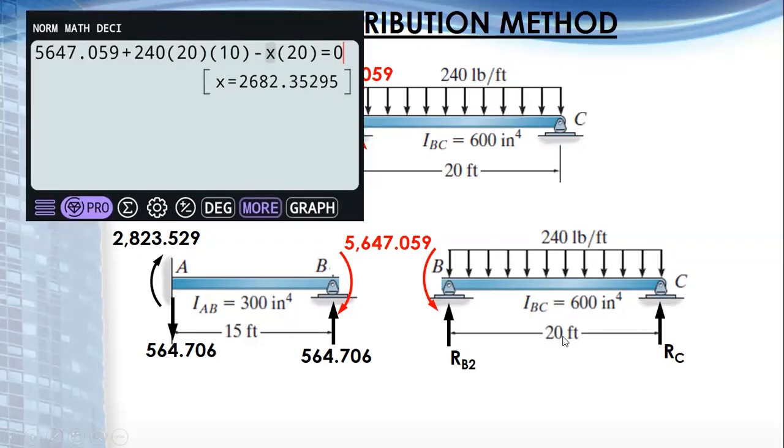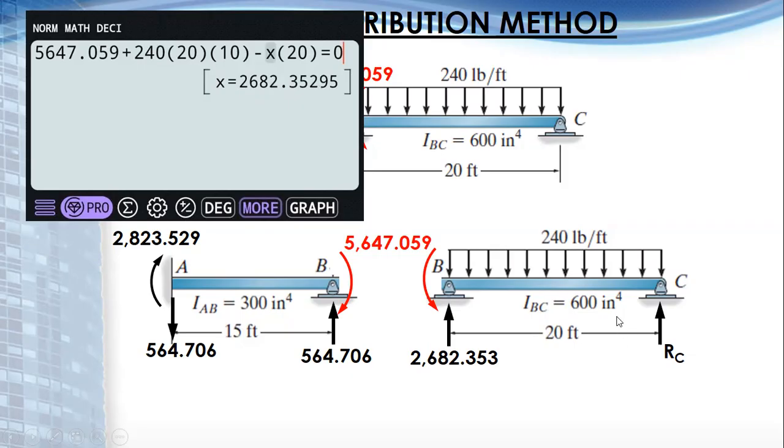That's 240 times 20, this one. And the resultant is acting at the center of gravity. The center, so the moment arm is 10. And minus RB2 times distance 20. So the value of RB2 is 2,682.353.